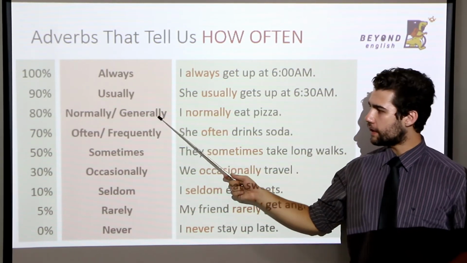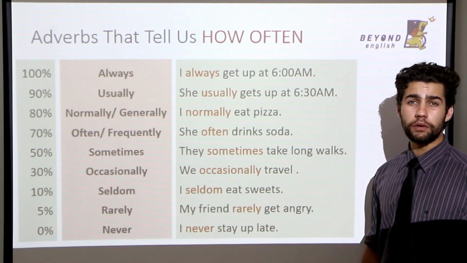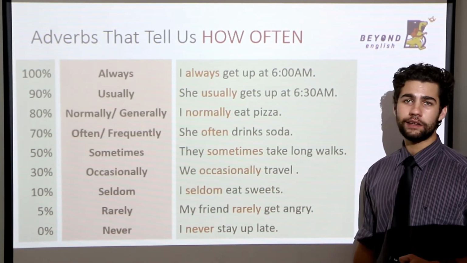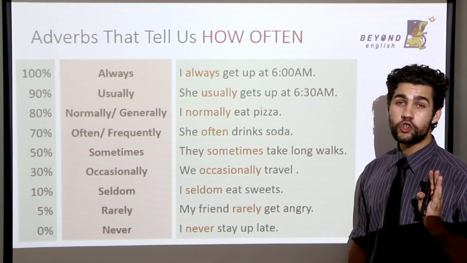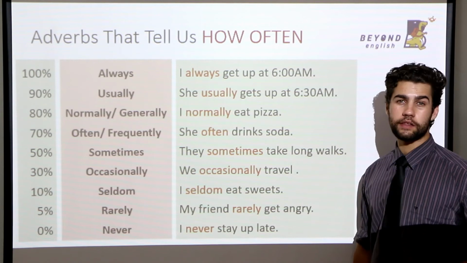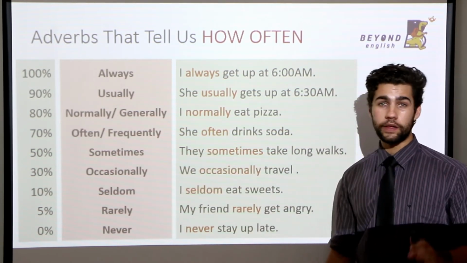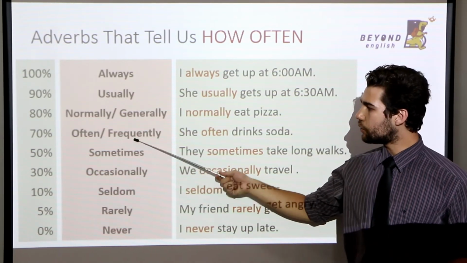For 80%, we say normally or generally. So, I normally eat pizza. Or, I generally eat pizza. For 70%, we say often or frequently.